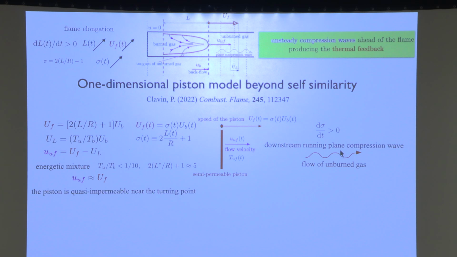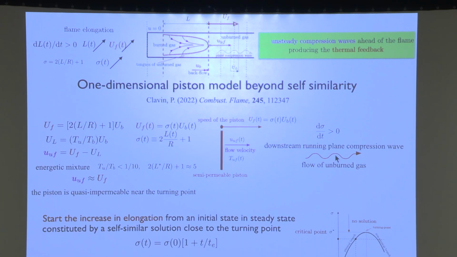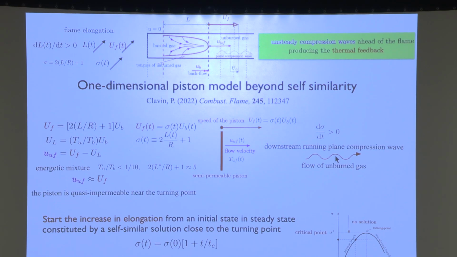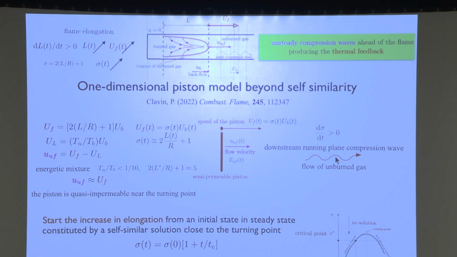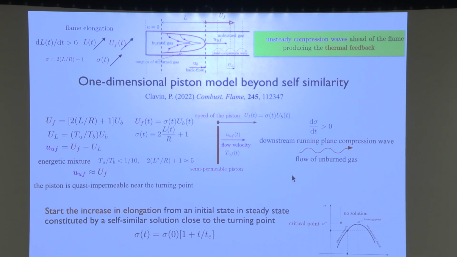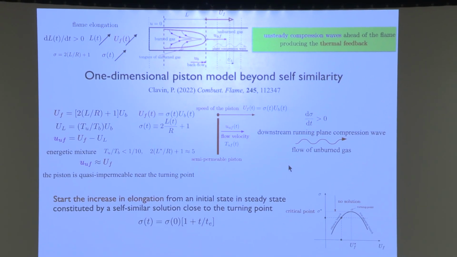And this compressible wave warms up the mixture because of the compression effect, and this reacts on the flame velocity. So this is a loop that is going to produce the DDT.